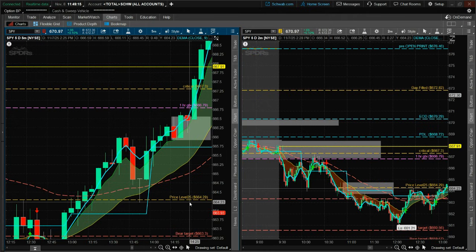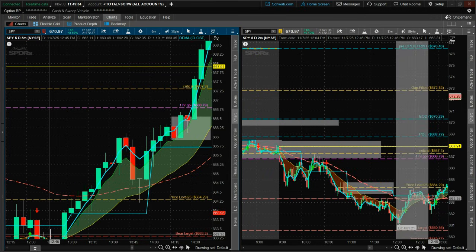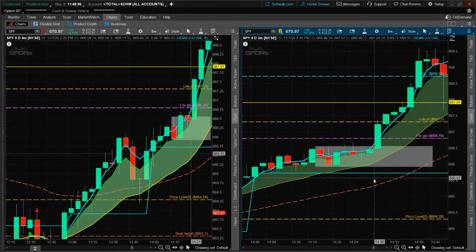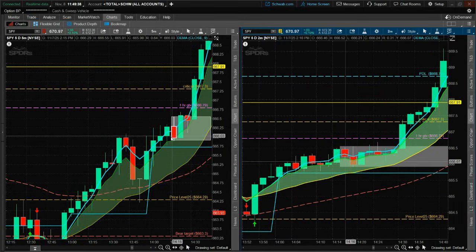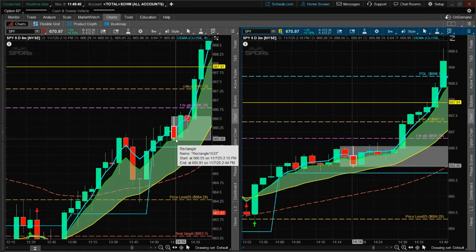The more clear I get with why I'm actually getting in, the fewer mistakes occur. If I get in here, I'm just going to use the 2-minute 20 or the 2-minute candle as my stop, or even if I'm just trading the 5-minute chart. If this is why I'm getting in, I take way fewer bad setups.